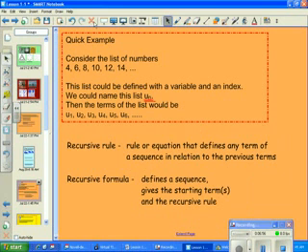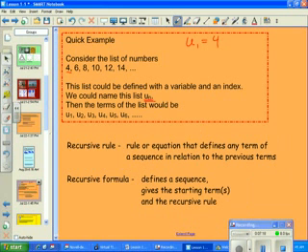So for instance, in this quick example, I have to give my starting term. What's my starting term in this sequence? It is 4. So I'm going to say u sub 1 equals 4. Then I'm going to give the recursive rule using the notation I just mentioned.